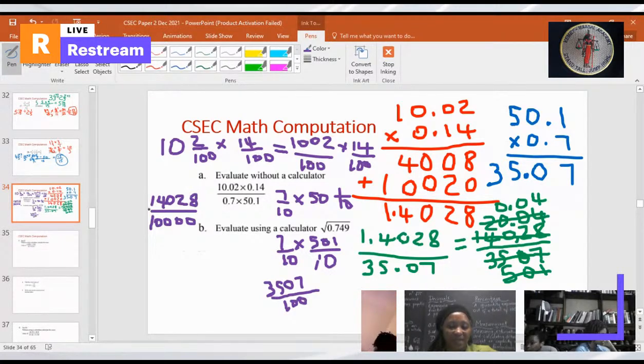So we're dividing this by this. We would change to multiplication and invert. So we'd have the 10,000 at the top and the 3,507. So these would cancel, and that would cancel two of those.